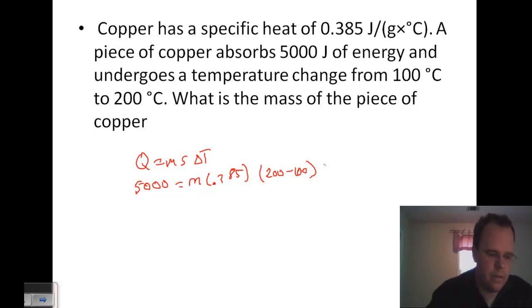So divide 5,000 by 100, then divide it by 0.385, and you get 129.87 grams. The mass, 129.87.